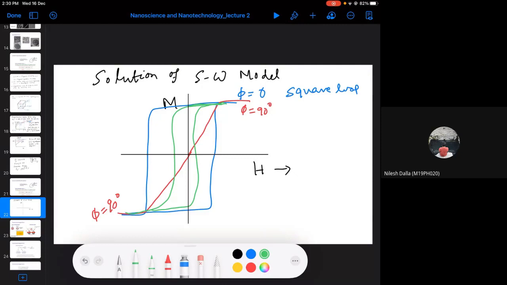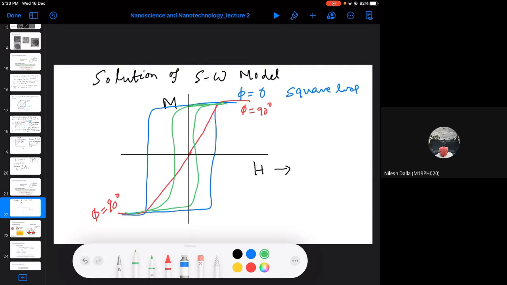When you apply a magnetic field to a polycrystalline material, for some crystallites the magnetic field will be along the easy axis. For some, it will be along the hard axis. So you get an average kind of picture, and this is what you get.